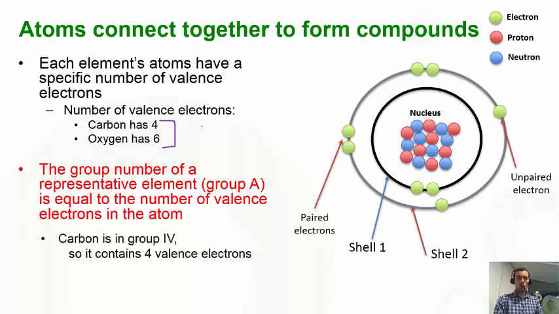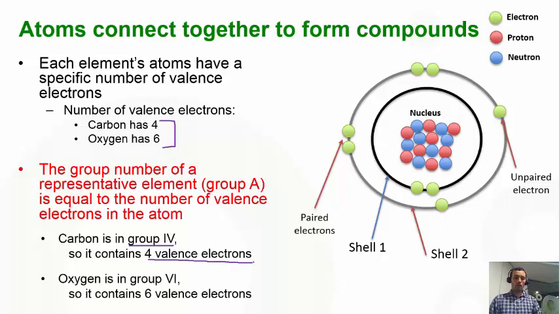Carbon is in group 4, as shown by the Roman numerals here, therefore it contains 4 valence electrons. Oxygen is in group 6 and therefore contains 6 valence electrons. So you can see how the group number matches the valence electrons.